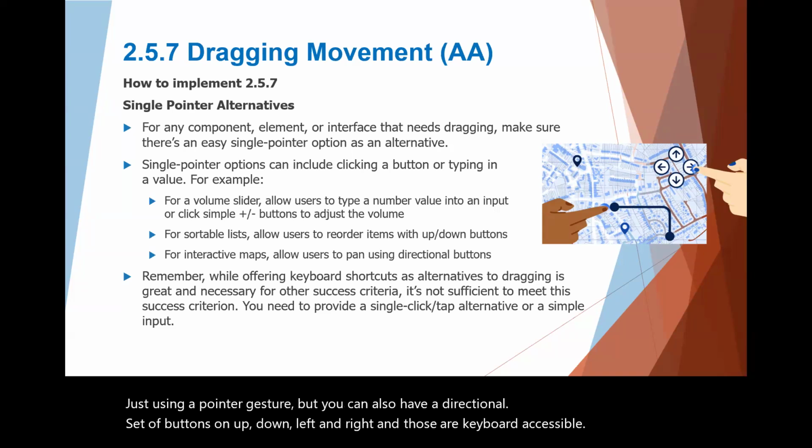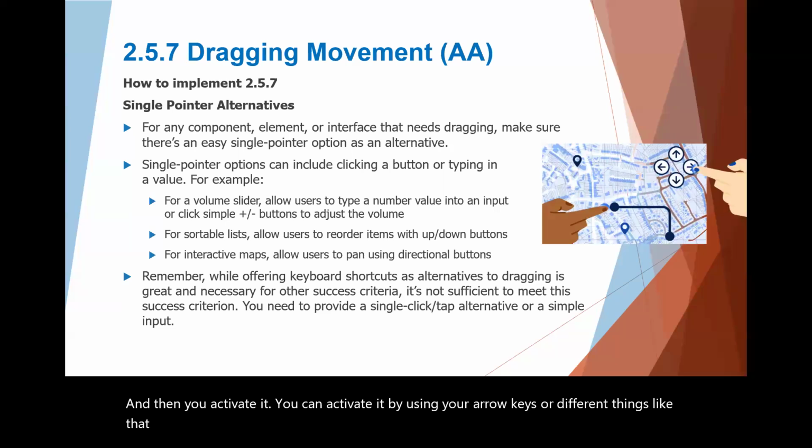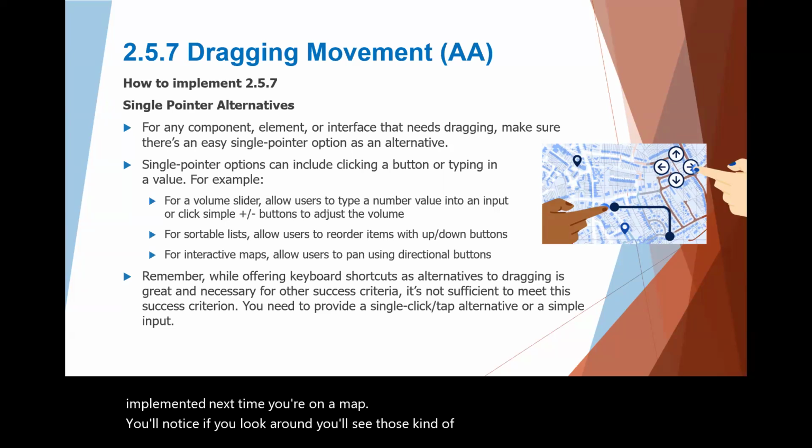And then you activate it. You can activate it by using your arrow keys or different things like that. So it completely makes an alternative version for it. And I see these implemented. Next time you're on a map, you'll notice if you look around, you'll see those kind of options that are available as an alternative.